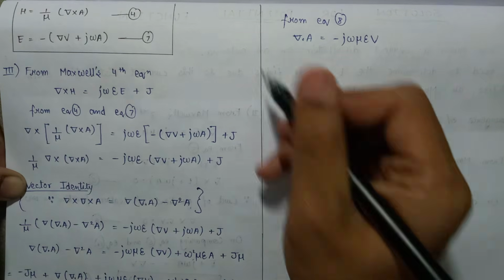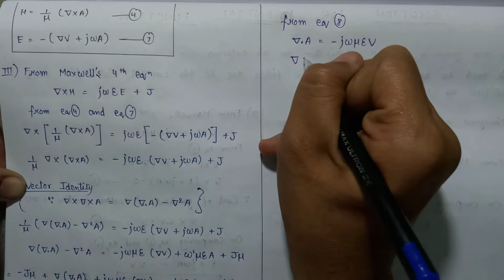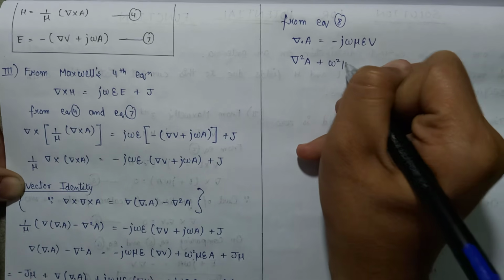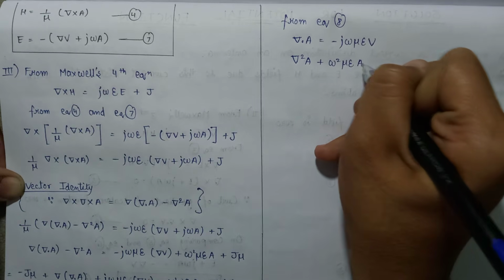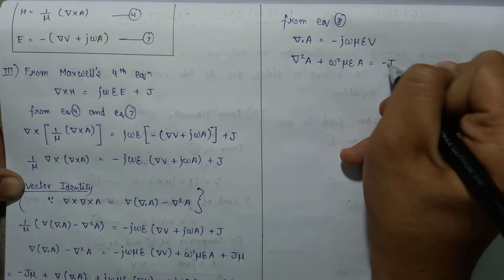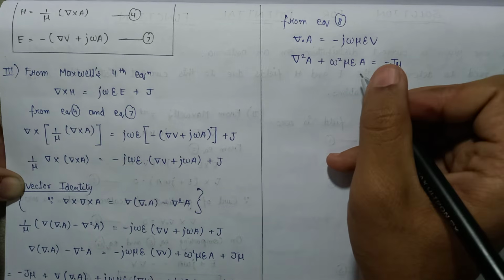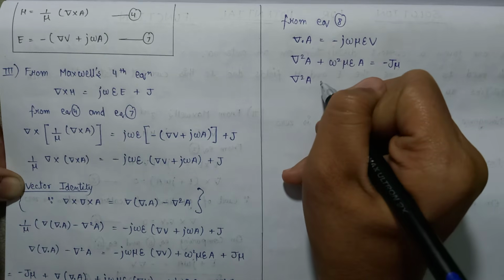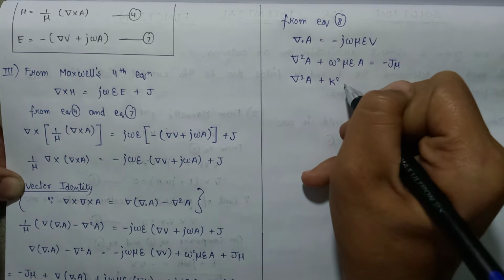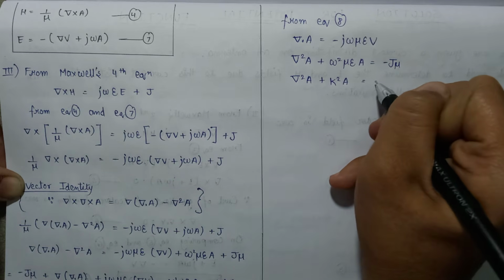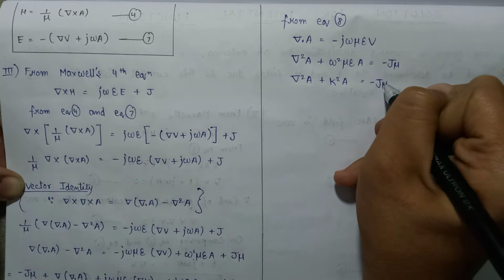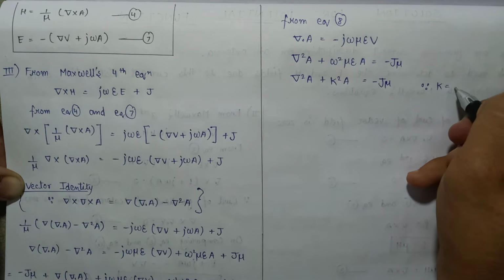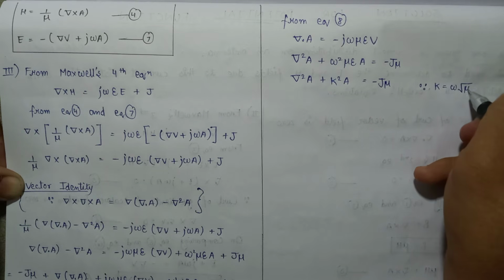Now we also know that the value of del 2 into A plus omega square mu epsilon into A will be equals to minus of j mu, and if we rewrite it, then we can write it as del 2A plus k square A equals to minus of j mu, because we know that the value of k is nothing but omega under the root mu epsilon.